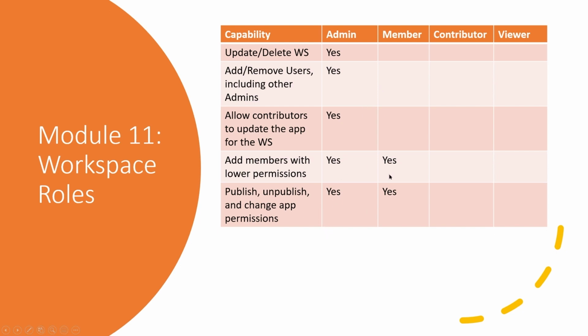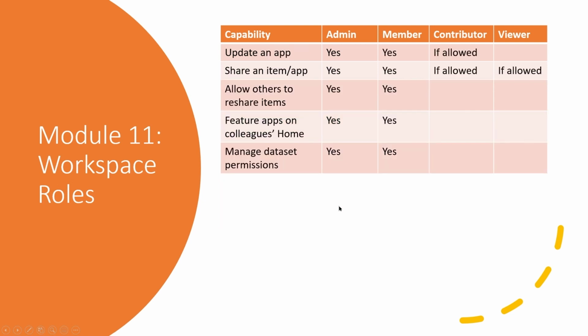So members can add members with lower permissions. They can publish, unpublish, and change app permissions. Notice everything else on this screen, only the admin can do. And again, you'll have a copy of this PowerPoint in the video description, so you can go over these capabilities by these 4 roles at your leisure.